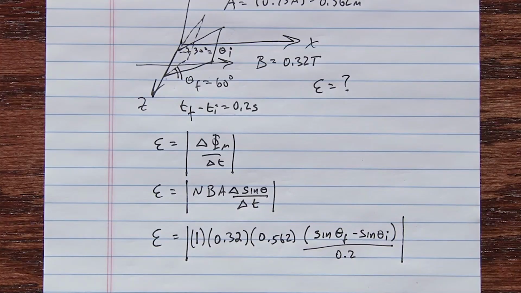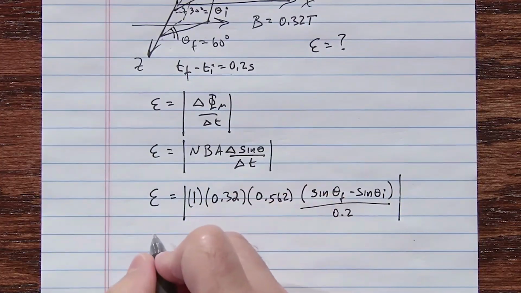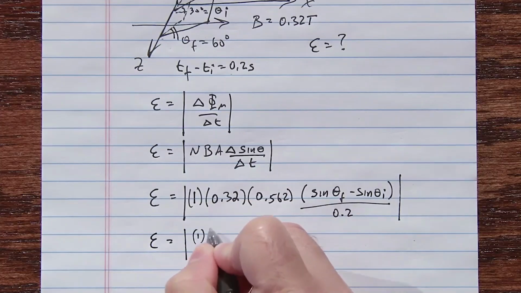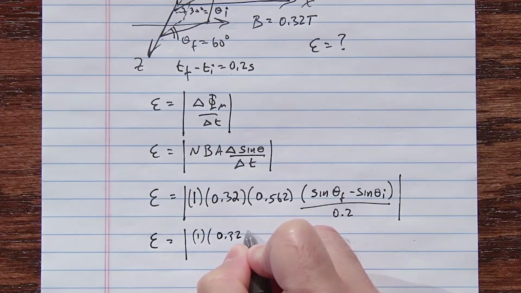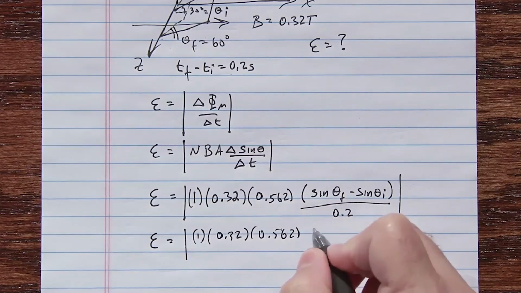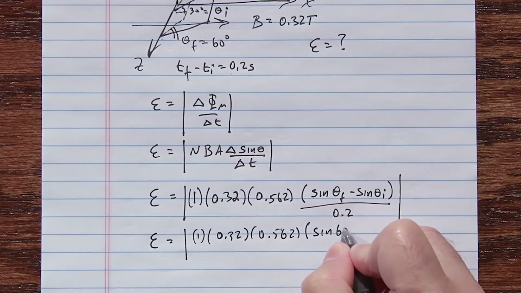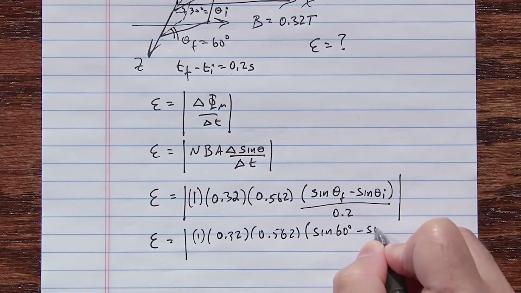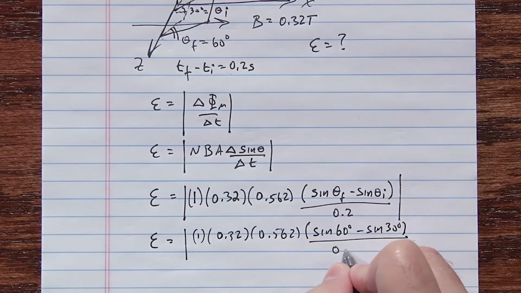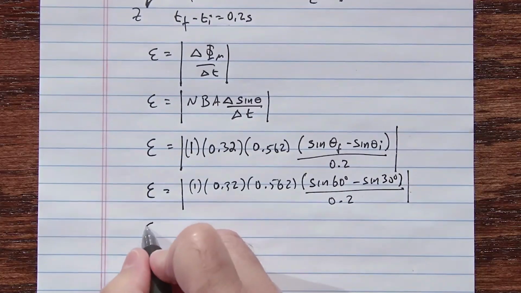And my absolute values. And so what do we have here? We have E is equal to the absolute value of 1 times 0.32 times 0.562 times sine of theta final, which is 60 degrees, minus sine of theta initial, which is 30 degrees, all divided by 0.2, absolute value. And what do we have?